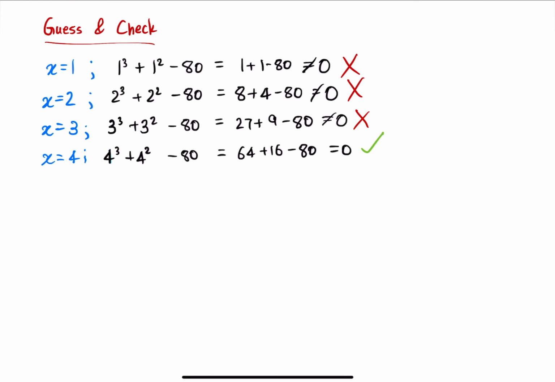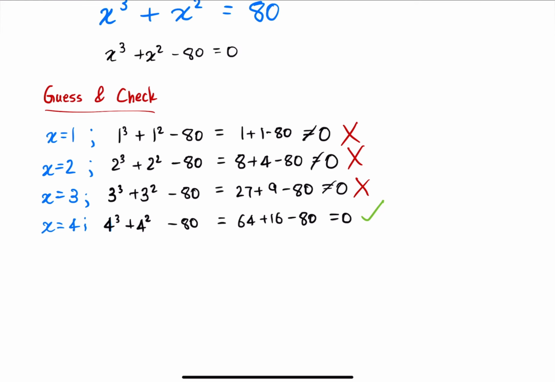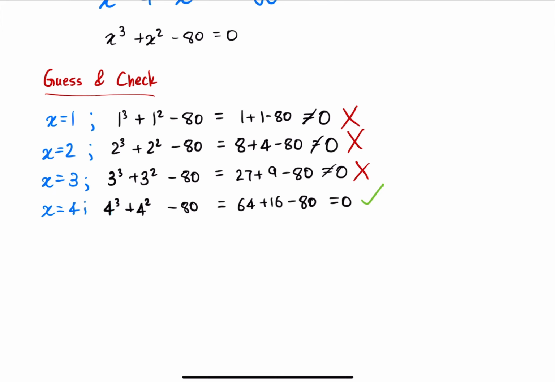So this is our first method. But remember how in quadratic equations, some quadratic equations had more than one value of x. So how do we know that x is only 4?